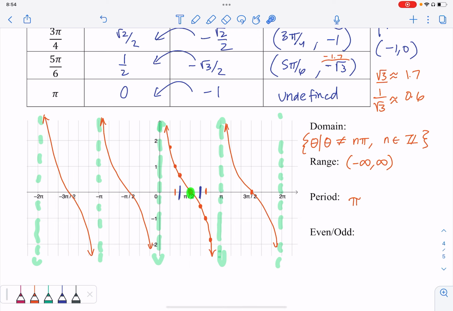You can kind of see like this point will go to this point will go to this point, etc. So this is an odd function, and so I can see that cotan of negative theta would be negative cotan of theta. So we have a pretty good idea of what it looks like, how long the cycles are, what the domain and range are, and how we came up with that graph, right? Just using our values of sine and cosine.